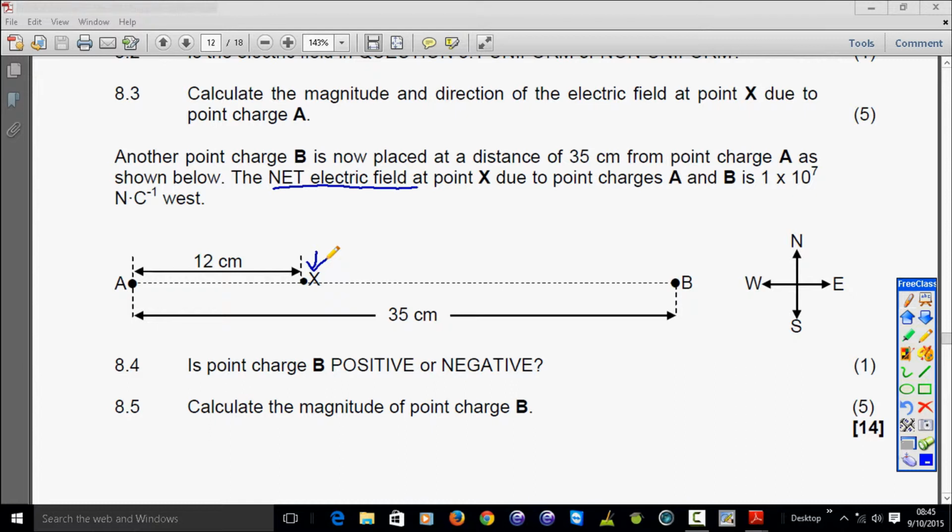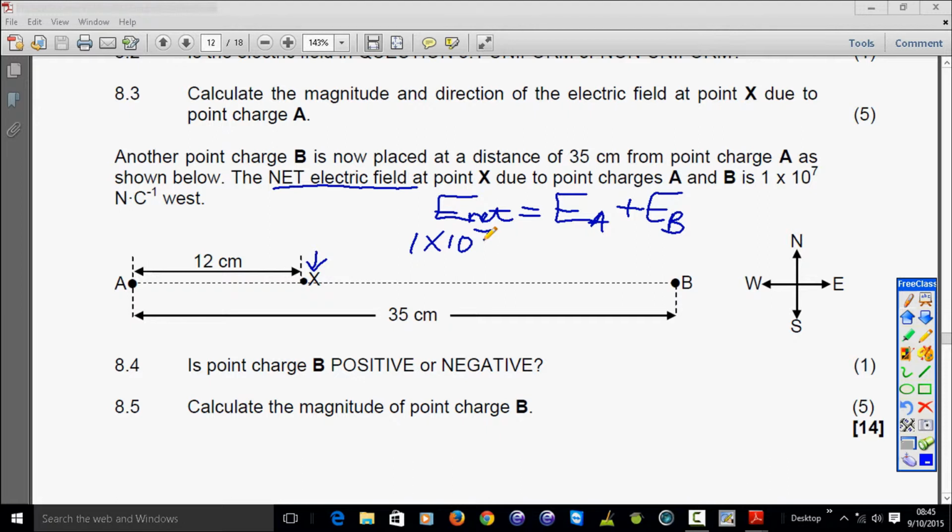So when you see that, you must remind yourself about the formula. E net is E of A plus the E of B. And what they give us is this value, 1 times 10 to the power of 7. But they also give us west.